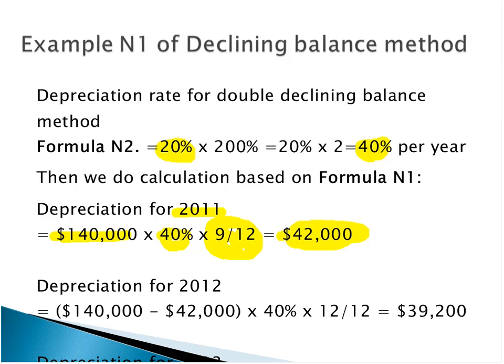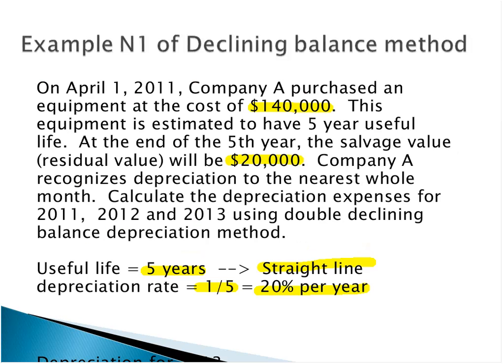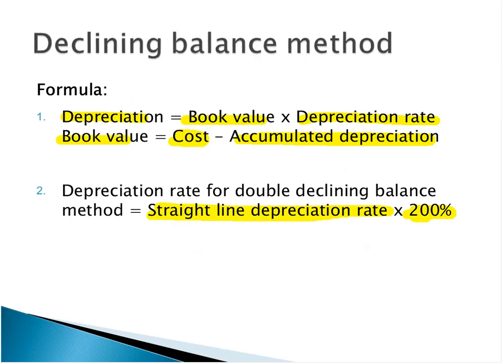So some of you are asking me where did we get the 20% of the depreciation rate. This 20% depreciation rate is by the straight line method. You remember we have done some formula? Just let me show you again.